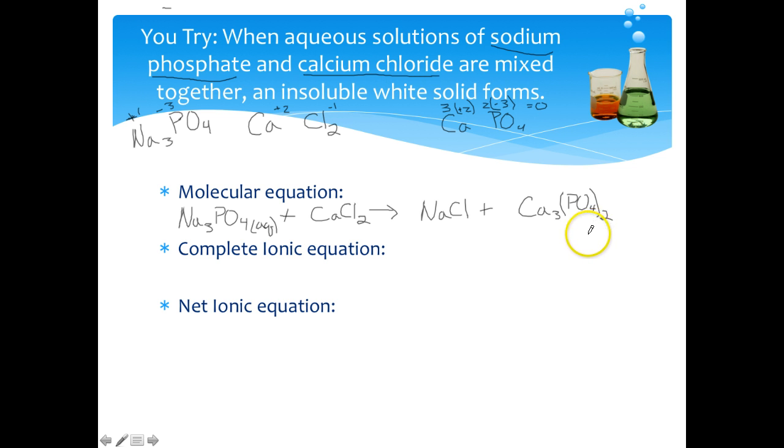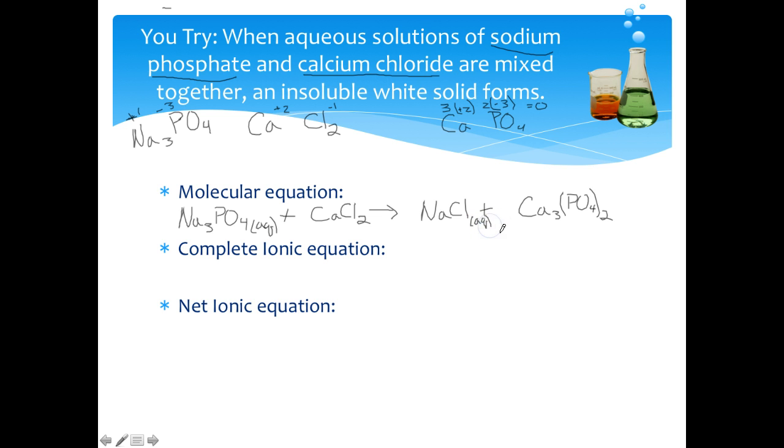How do I know which one is the insoluble white solid? If you said go look at your solubility rules, you are spot on. Looking at your solubility rules, you are going to find out that sodium is a group 1 alkali metal. It is always soluble. So sodium chloride is aqueous.